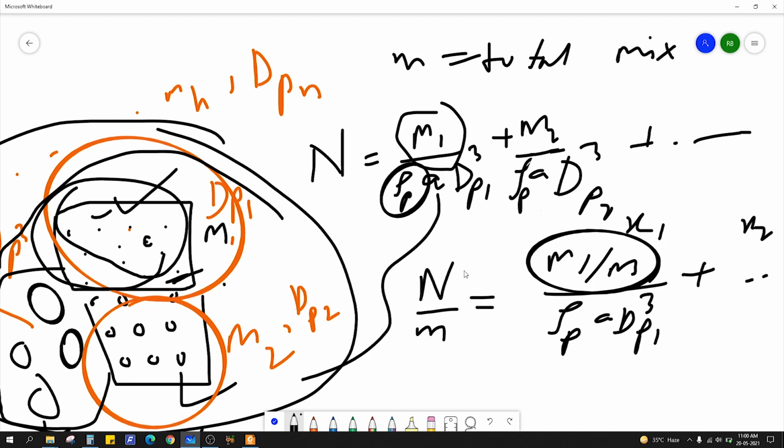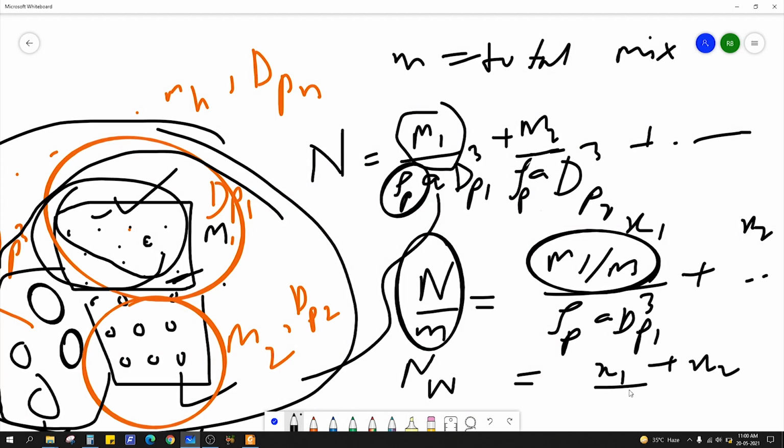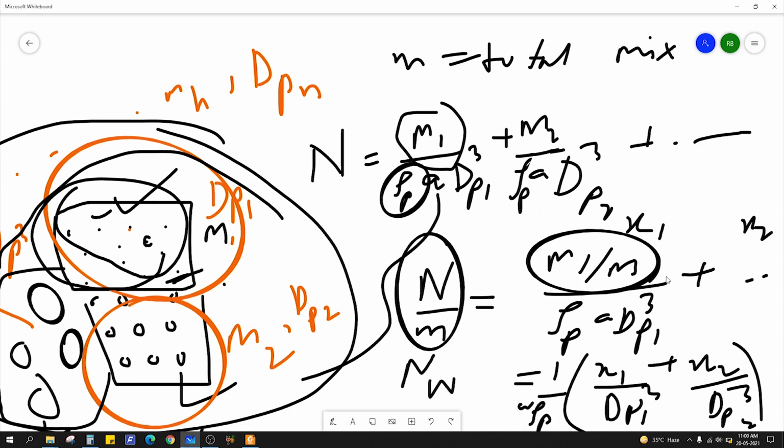So this is the number of particles per unit mass of the mixture, which I will write as Nw. This is equal to x1 by dp1 cube plus x2 by dp2 cube, and you can take out the common factors like rho p and a.